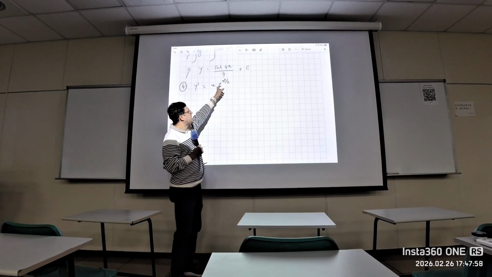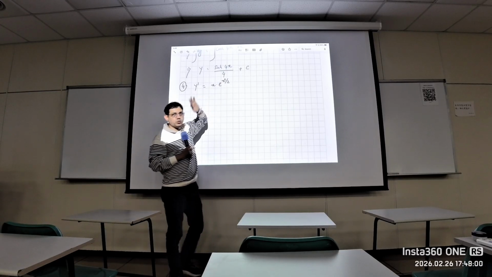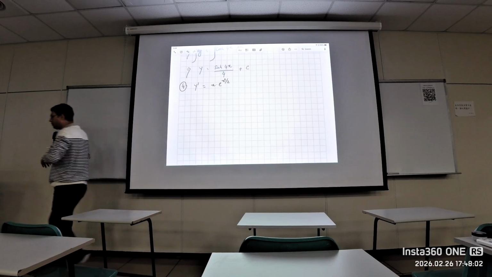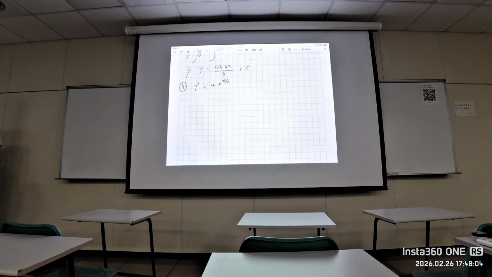X into e to the power x square by 2. Okay, don't get confused. Yeah, that's a little bit tricky. Okay, so how to solve this one?